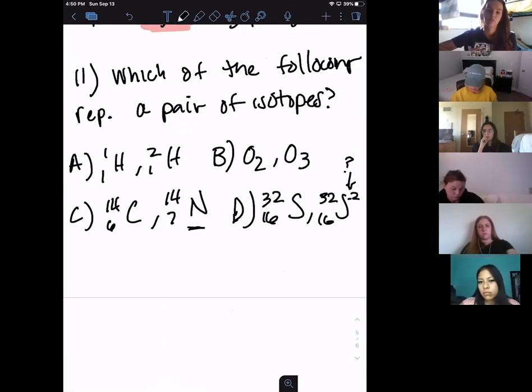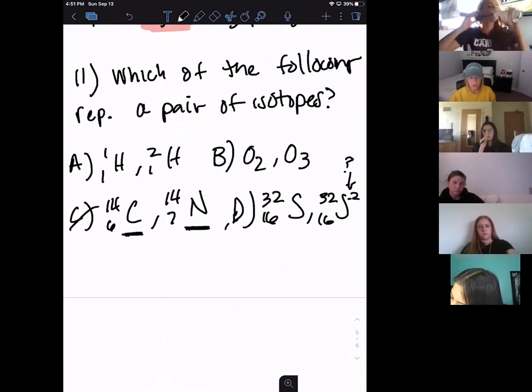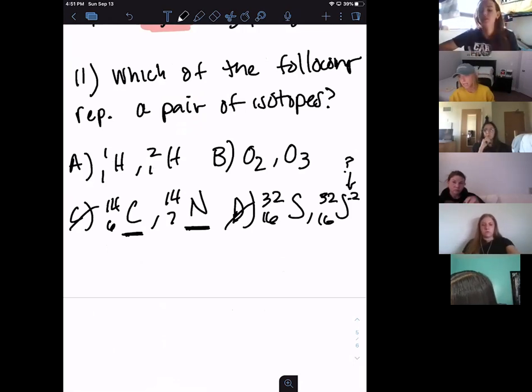So this is not going to be something that we're looking for in terms of an isotope. That's more like radioactive decay. So it can't be C or D. We know that. So now you have to look at A and B.